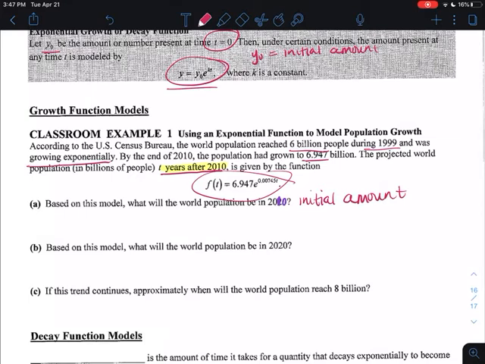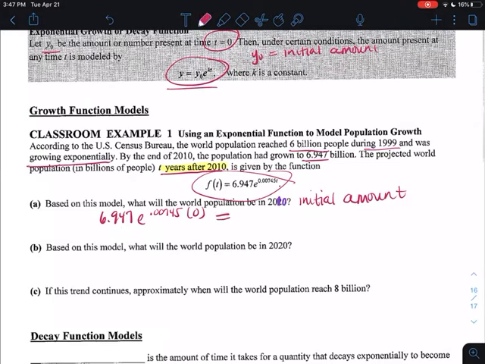When t equals 0, if you take this function, 6.947 e to the 0.00745, that's the rate, and then the time would be 0, so times 0. Anything multiplied times 0 is 0. Let me move this over a little bit.